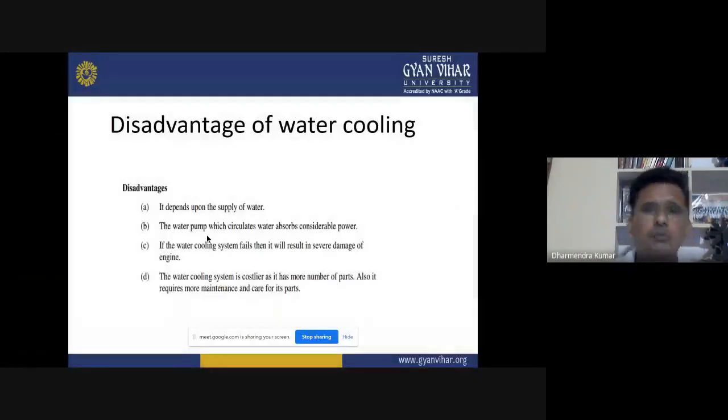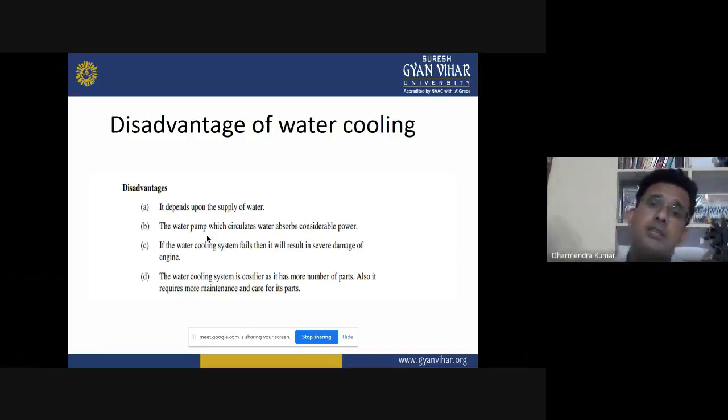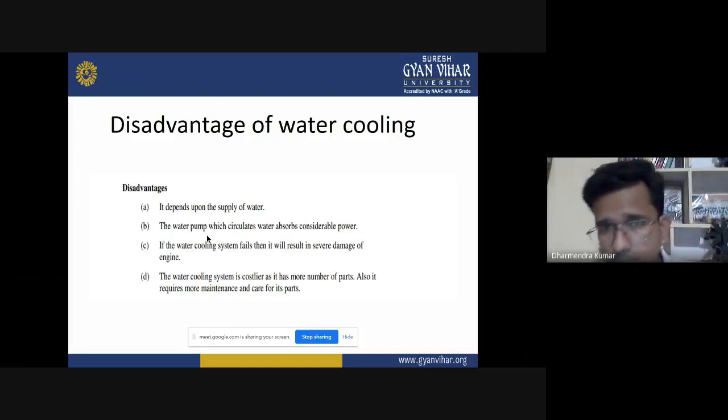Now the water cooling system. The advantage of the water cooling system is that it is more efficient than the air cooling system. And if the engine is in a casing, then the water cooling system is very efficient. There is no need for air cooling.